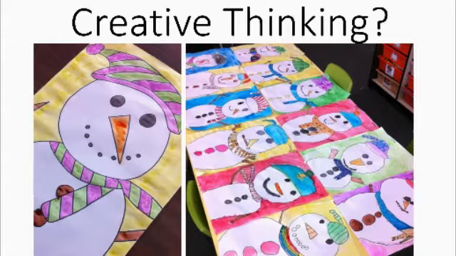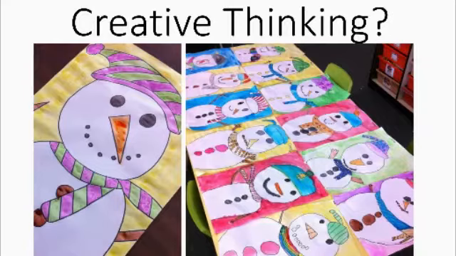So a lot of times I'll ask students like yourselves if this is an example of creative thinking. Now, if you're like, well, yeah, because students can put on different hats, they can decorate the snowman in different ways. So there's a little bit of creativity, there's a little bit of divergent thinking, but it doesn't allow for very much.